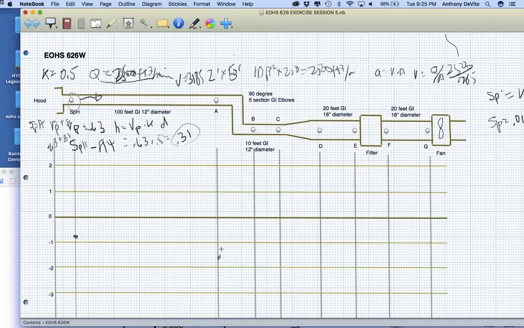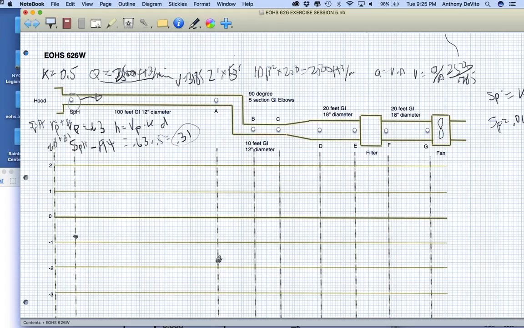Did I make a mistake there? No, at the beginning it was 0.94. You're right.